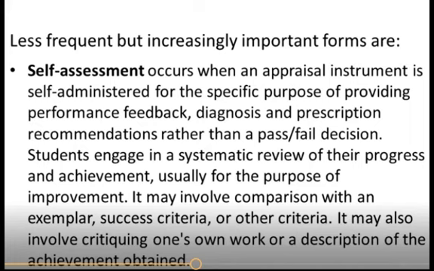Self-assessment occurs when an appraisal instrument is self-administered for the specific purpose of providing performance feedback, or diagnosis, and prescription recommendations rather than pass or fail decision. ഉദാഹരണത്തിന് നിങ്ങളൊരു ക്വസ്റ്റ്നെയർ കിട്ടുന്നു. ക്വസ്റ്റ്നെയറിൽ നിങ്ങൾ നിങ്ങളുടെ കാര്യം തന്നെ അസസ് ചെയ്യാണ്. അപ്പം അതിനകത്ത് ആ അസസ്മെൻറ്റ് ഒരു തരം അസസ്മെൻ്റ് ആണ്. സോ യു ക്യാൻ അണ്ടർസ്റ്റാൻഡ് യുവർ weakness, strength, such like. So it is to assess by oneself. What is the aim of it? The aim is to improve one's performance.